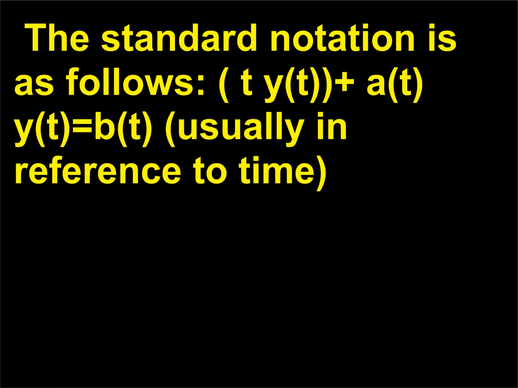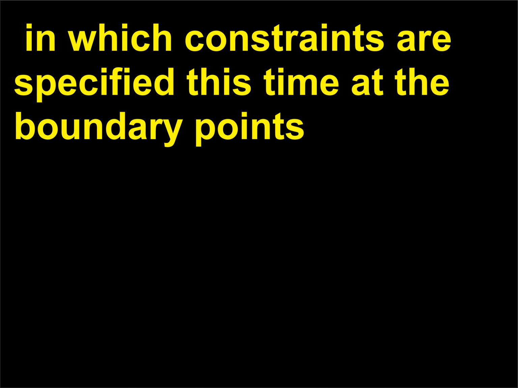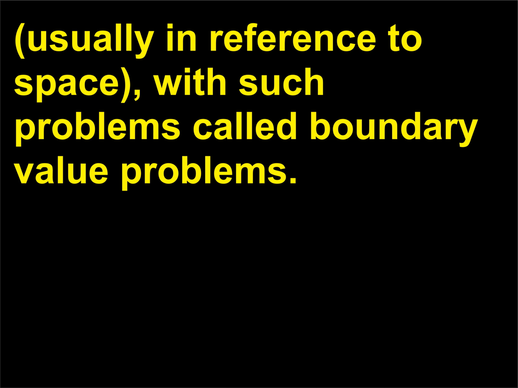The standard notation is as follows: y'(t) plus a(t)y(t) equals b(t), usually in reference to time. Such problems are called initial value problems. The other condition is the boundary condition, in which constraints are specified this time at the boundary points, usually in reference to space, with such problems called boundary value problems.